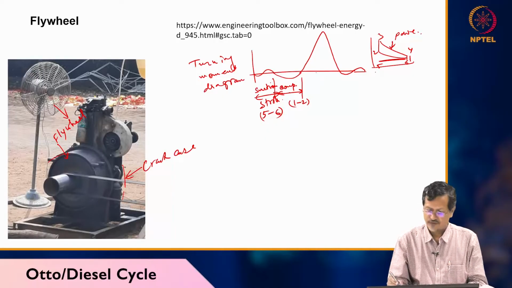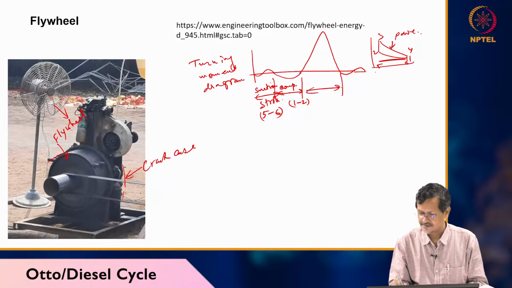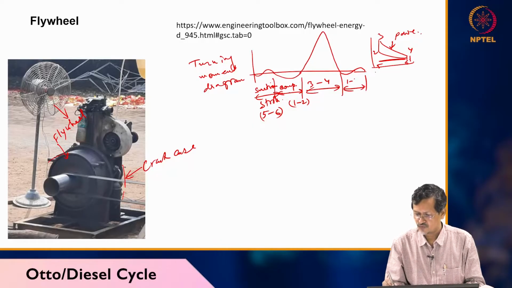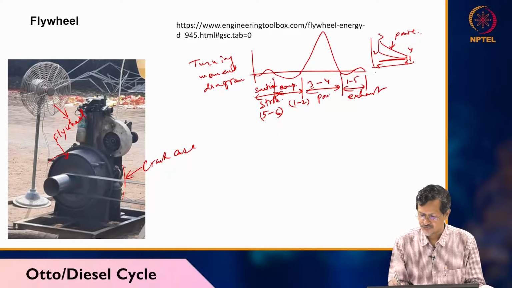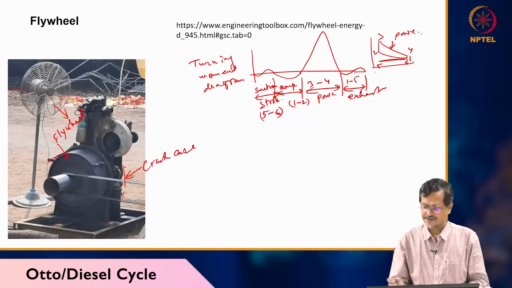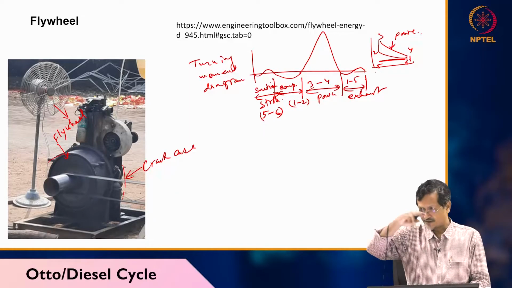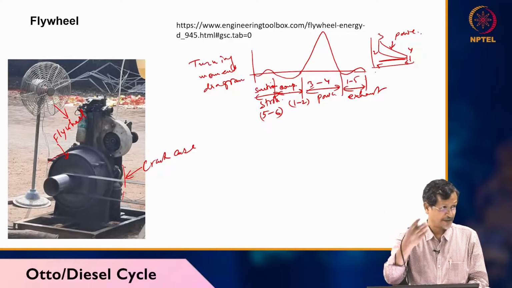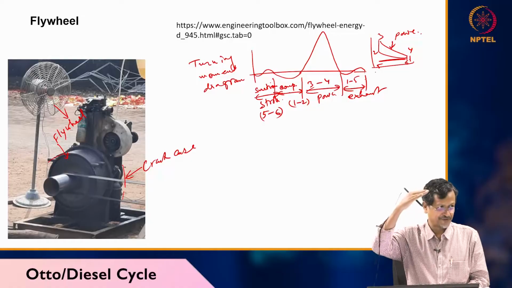Then you have the working pulse, that is the power stroke, 3 to 4, and 4 to 1 or 1 to 5 is exhaust. This is the power stroke. You can see your crank rotated 720 degrees or maybe 360 degrees, but you get one time power, and very high pressure or high power.